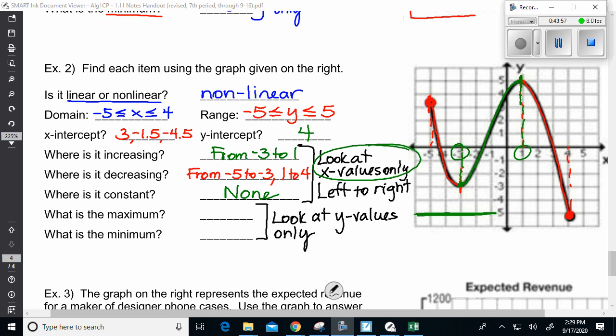That would be 5. Yep. This part of the graph touches y equals 5. So, there doesn't have to be a point there in order for it to touch it. As long as it touches it, it's valid.